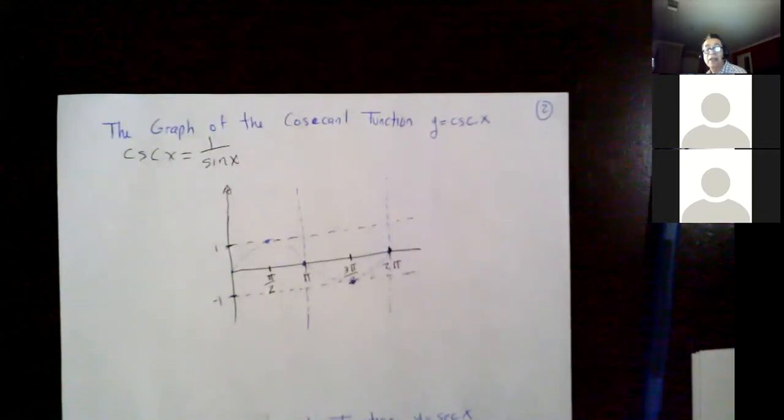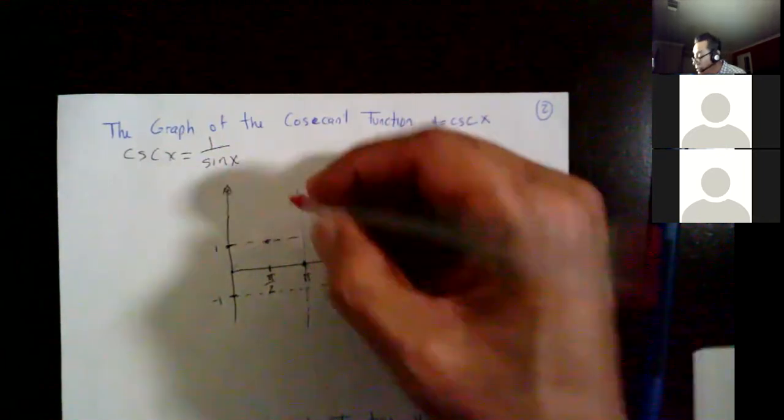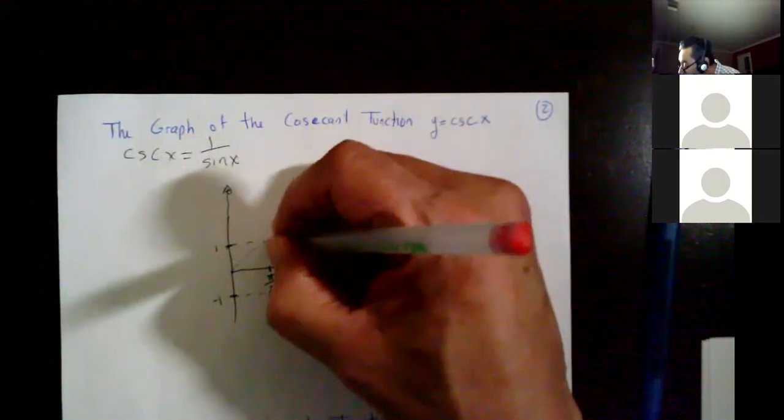All right. Now we're going to draw the cosecant function. To draw the cosecant, this is what you guys are going to do. You're going to start at this point right here, and the vertical asymptotes are going to help you as guides. You start right here, and you get closer and closer to this vertical asymptote, and also closer and closer to this vertical asymptote.